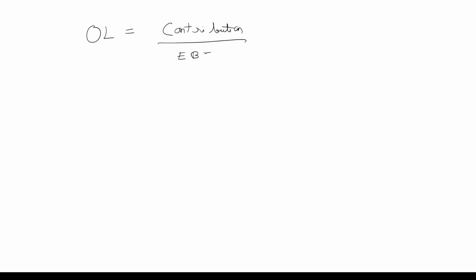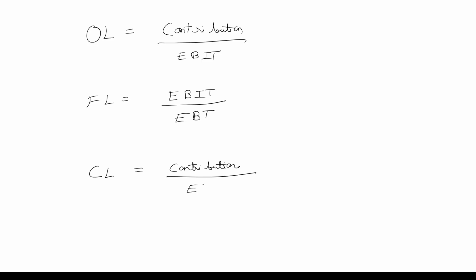This is the formula that we saw. Financial leverage is EBIT divided by EBT, and combined leverage is contribution divided by EBT. Alternatively, I can also calculate this as operating leverage into financial leverage.